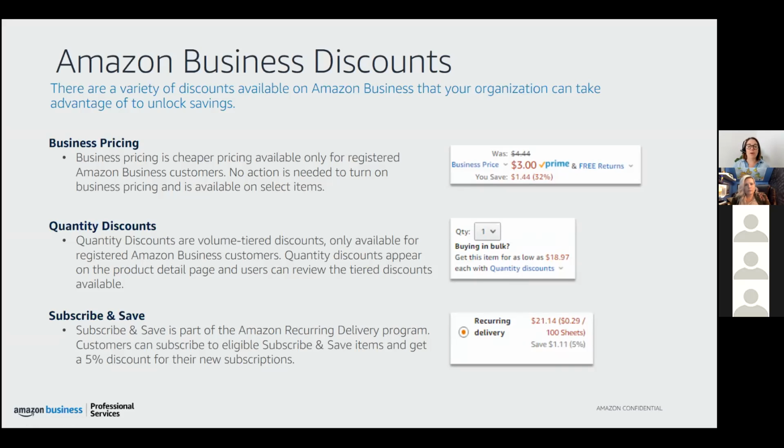This is basically if you're buying more of one item, buying in bulk, you might receive a discount depending on the product to get more of those items at a cheaper price. And then finally, you can also receive a discount via Subscribe and Save, which is our recurring delivery program. This is where you'd want to reorder or have those essential items you need on a regular basis scheduled for delivery. And for new subscriptions, you can get up to a 5% discount on certain products.